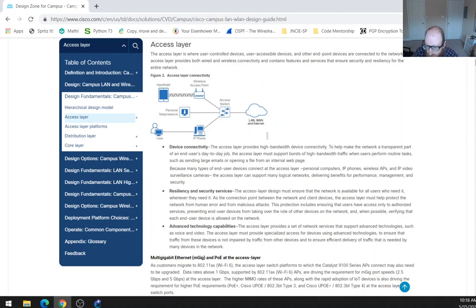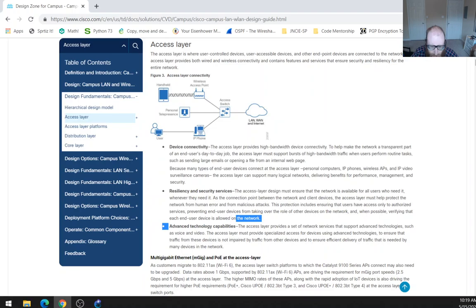This protection includes ensuring that users have access only to authorized services, preventing end user devices from taking over the role of other devices on the network, and when possible, verifying that each end user device is allowed on the network.